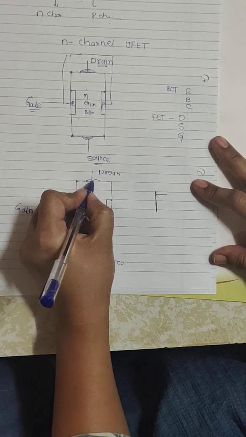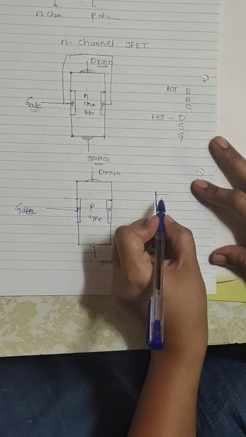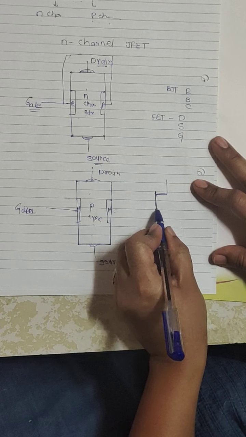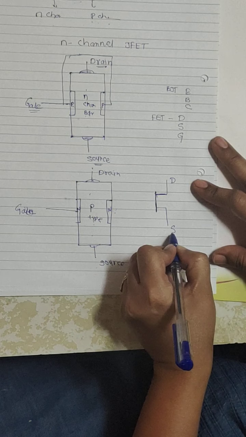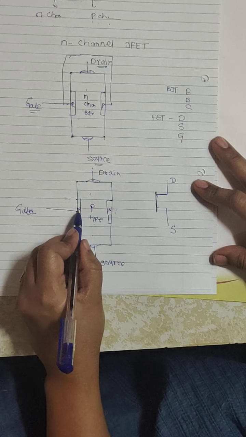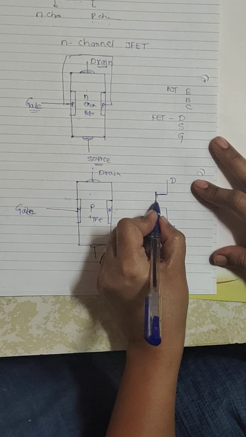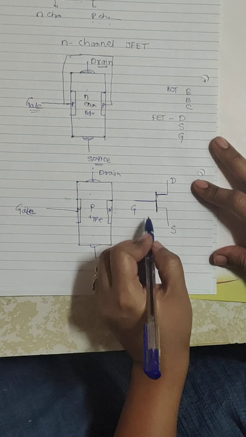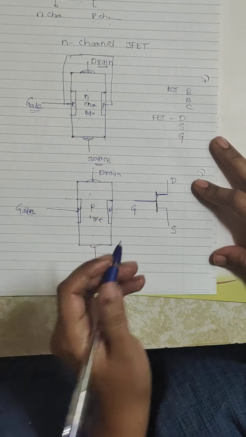From this bar, we take two terminals, the drain terminal and the source terminal. Then in the middle, we take one terminal, which is called the gate terminal. So this is the symbol. Now the difference between N channel and P channel.